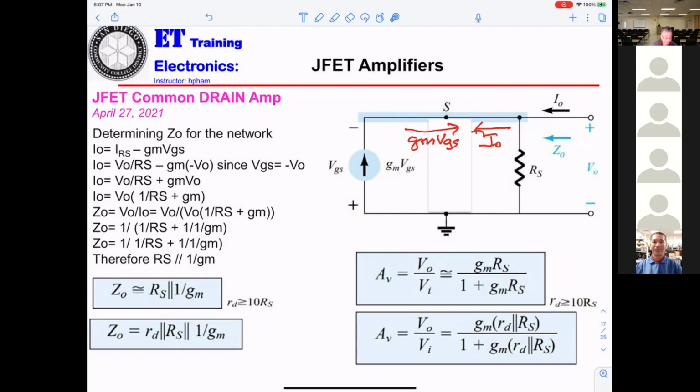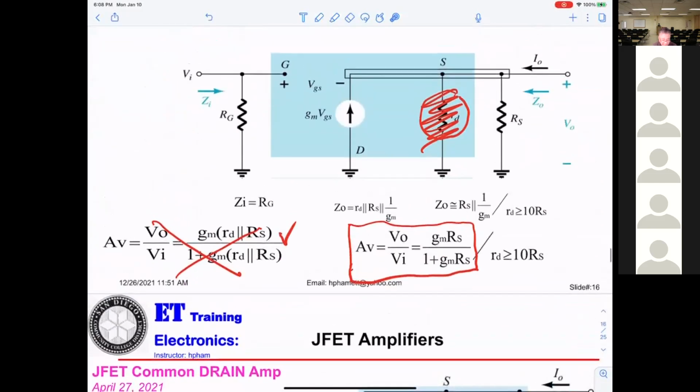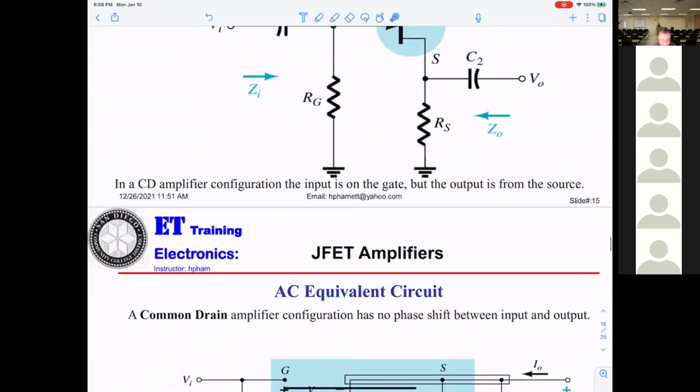So that's why they say I out, VGS equal minus V out. And they keep going to substitute into the calculation. Okay, so they come up with G out equal RS parallel 1 over GM. Okay, that's what they try to do for you.